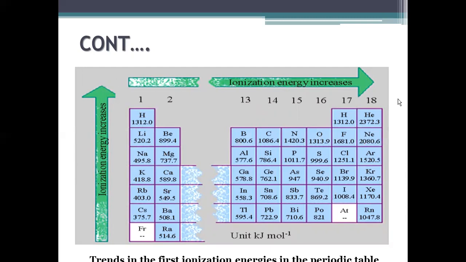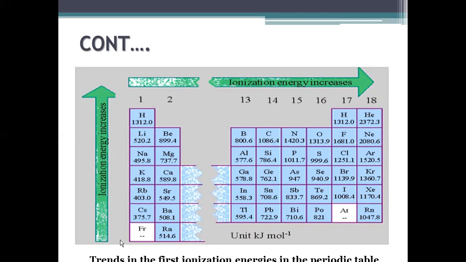What is the reason across the period? The nuclear effect is more, therefore the distance between the nucleus and the electron becomes less. The attraction is high, you have to provide more energy, therefore the ionization energy is high.